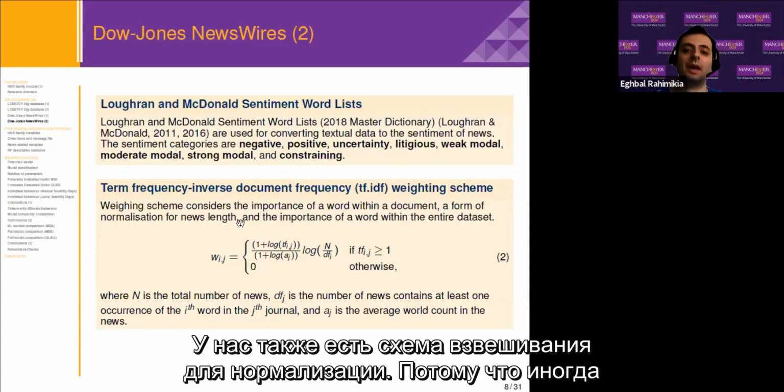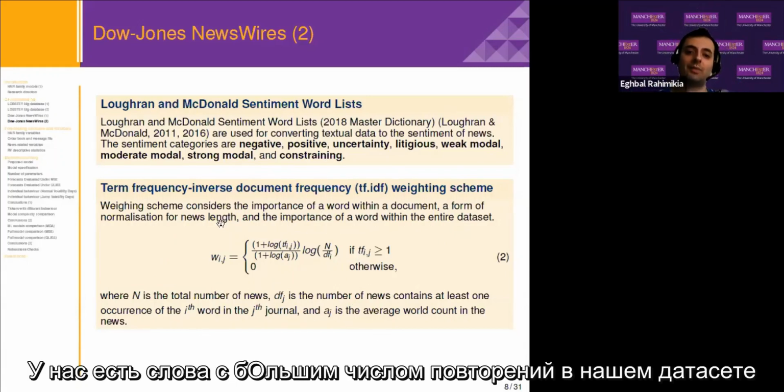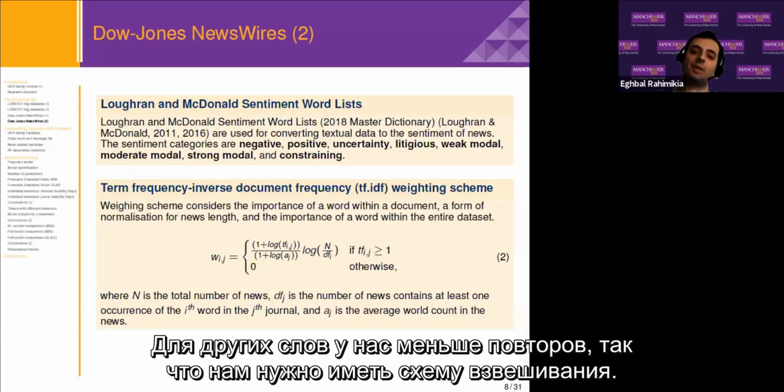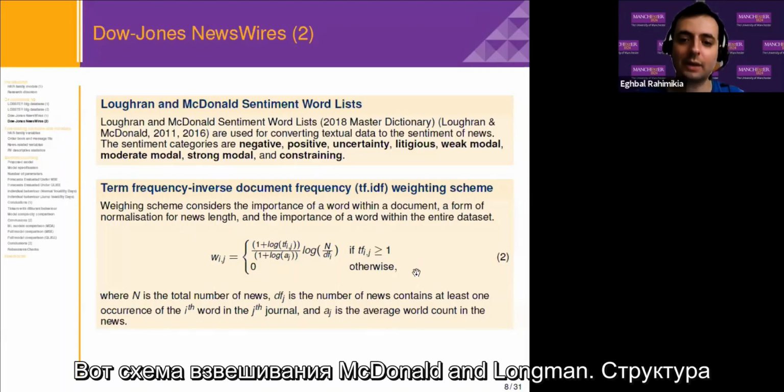And we have this weighting scheme for normalizing, because some words have more repetitions in our data set and other words have fewer repetitions. So this is the proposed weighting scheme from Loughran and McDonald.